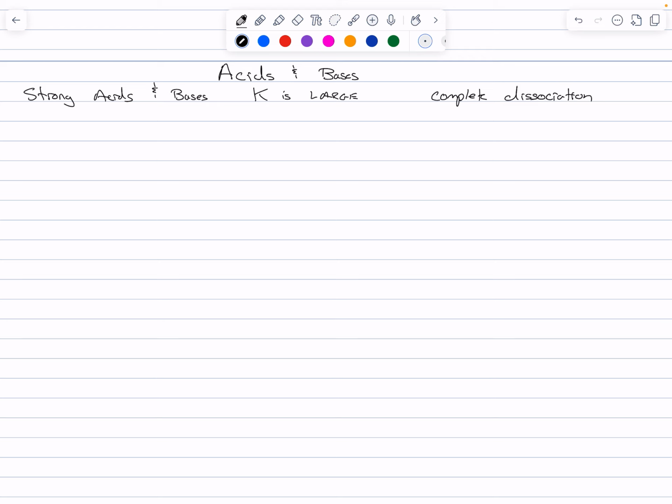When we have a monoprotic strong acid, HA, the concentration of HA equals the concentration of hydronium.